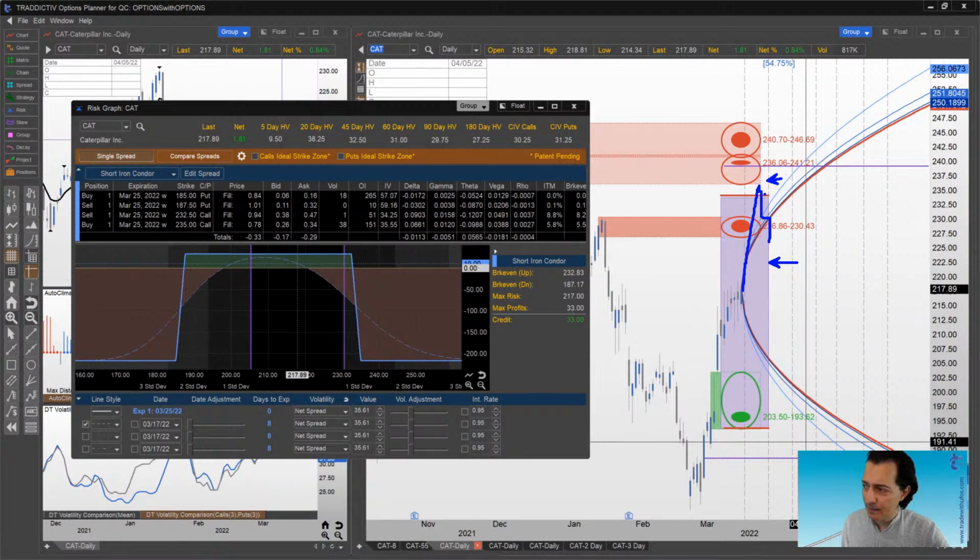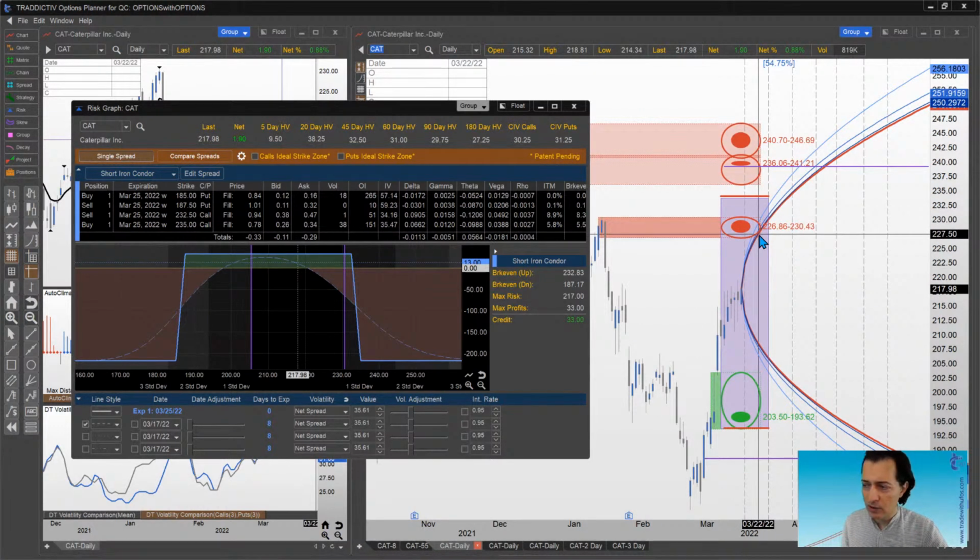In any case, that obviously adds a little bit of risk to the trade, because price is getting outside of the purple zone, so we are counting on price coming towards the purple area. So this is one consideration to keep in mind.